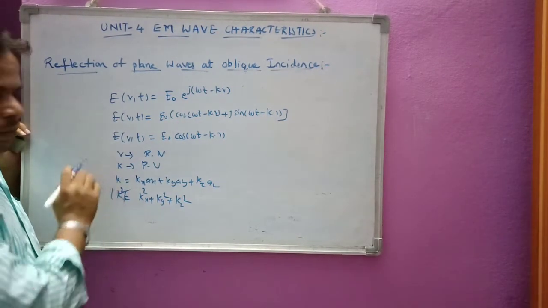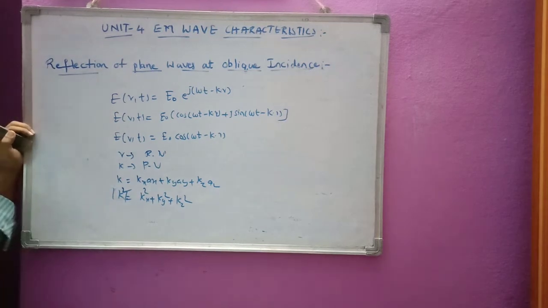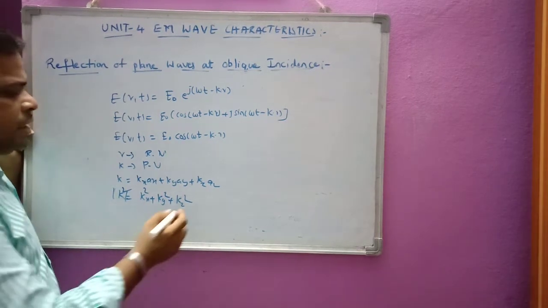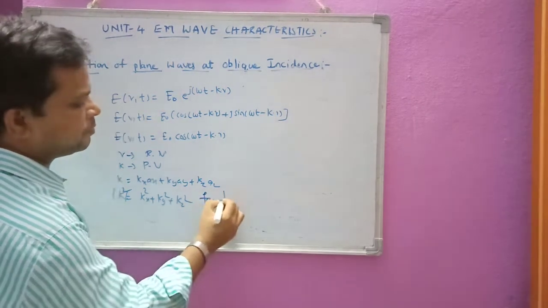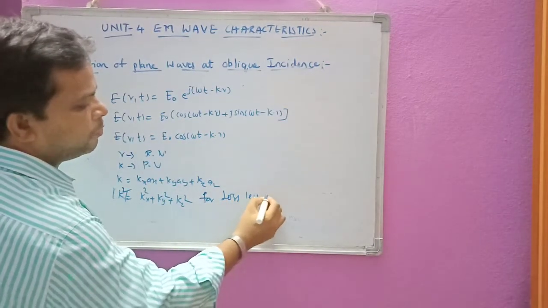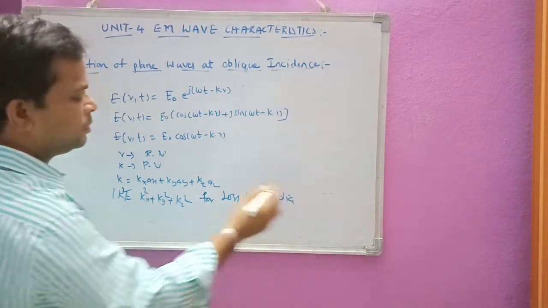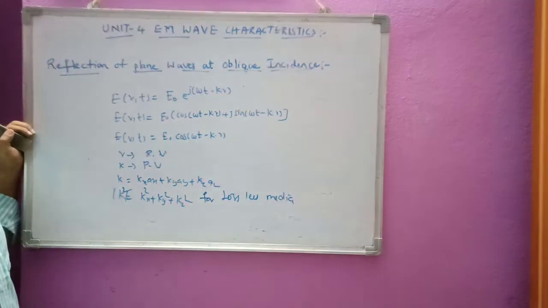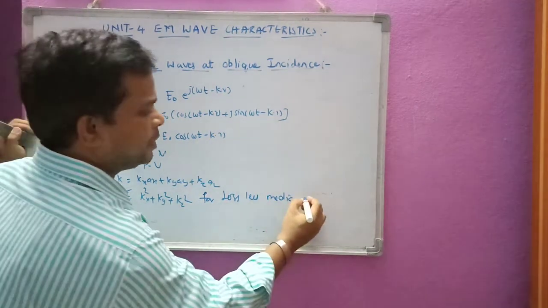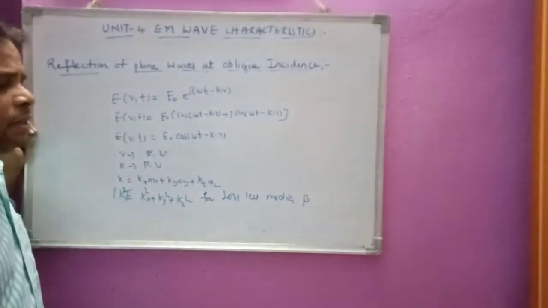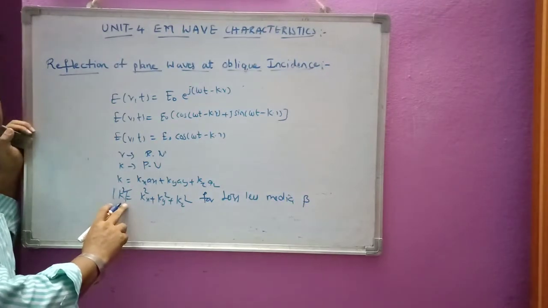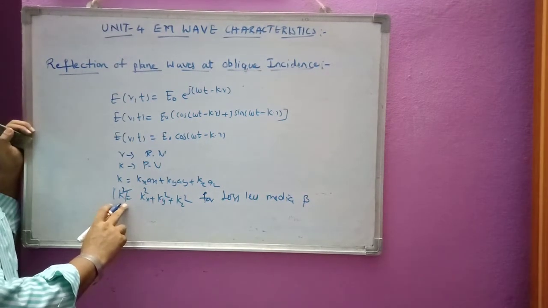Now similarly for a lossless medium, this propagation vector k is nothing but beta. Whatever the beta is here, we know that it is k.